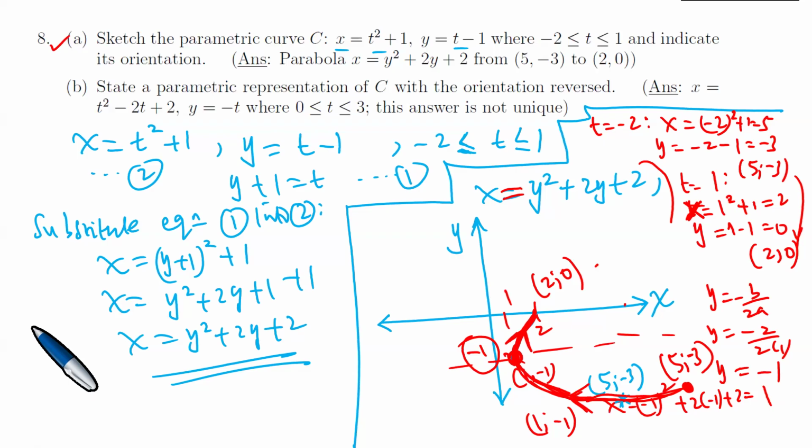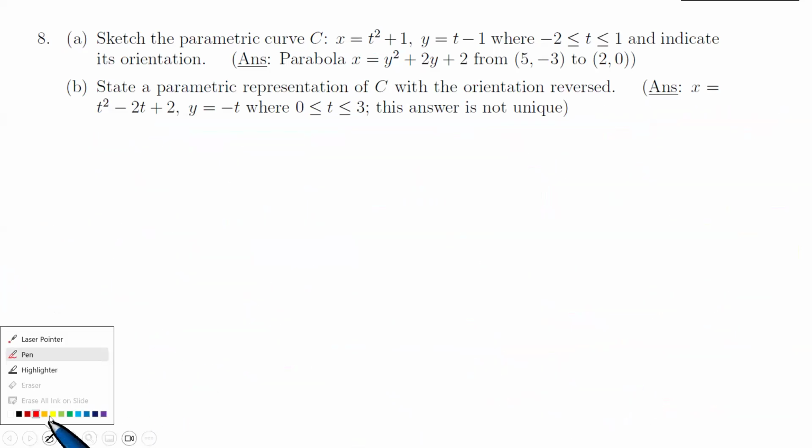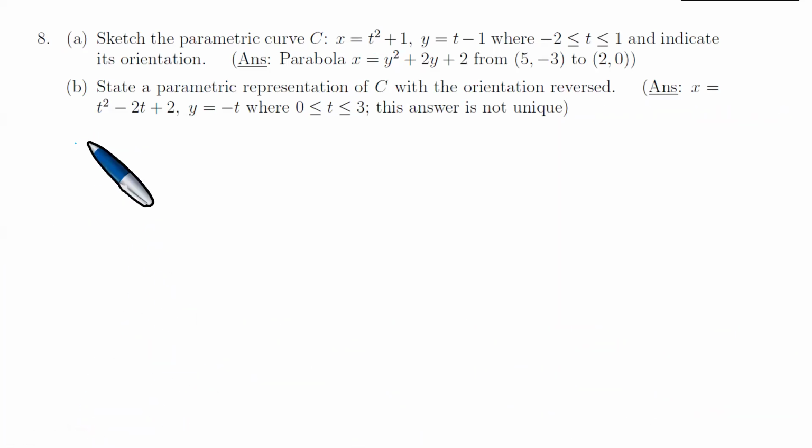So now if you reverse the orientation, then you look at it the other way. Let us look at that particular question. So look at 8b. Which means that x is t squared minus 2t plus 2.